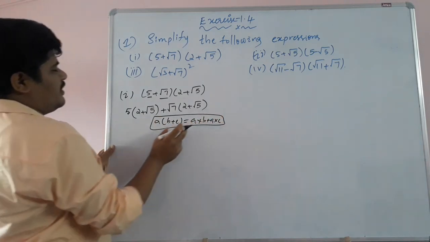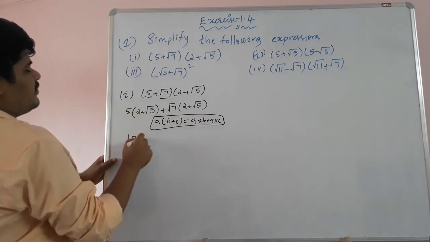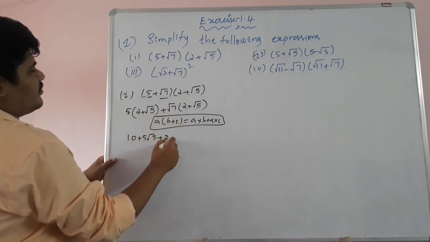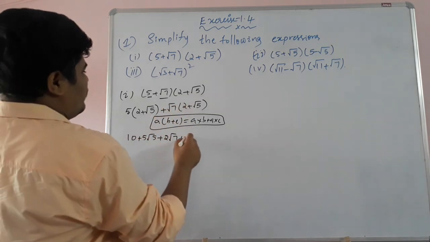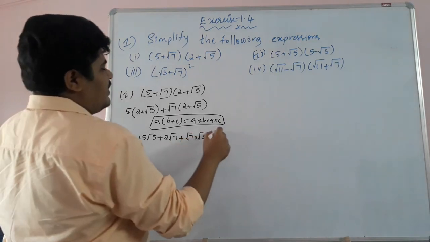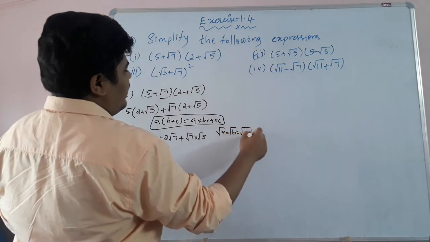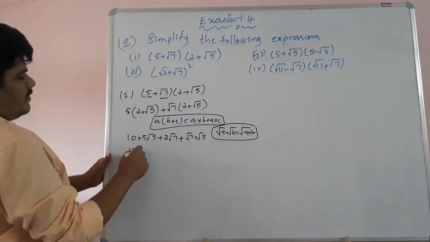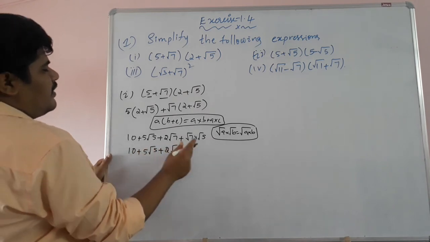By using this property, 5 twos are 10, and 5 into root 5 is 5 root 5, plus 2 into root 7 is 2 root 7, plus root 7 into root 5.